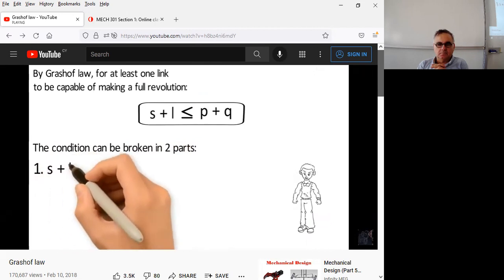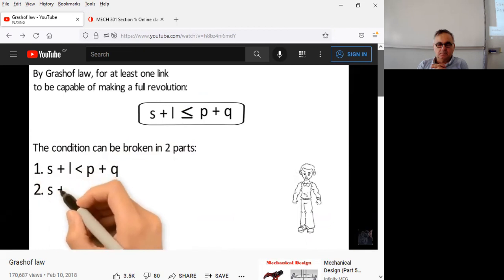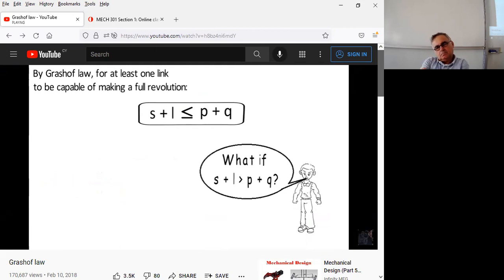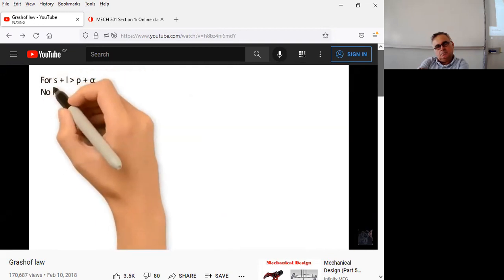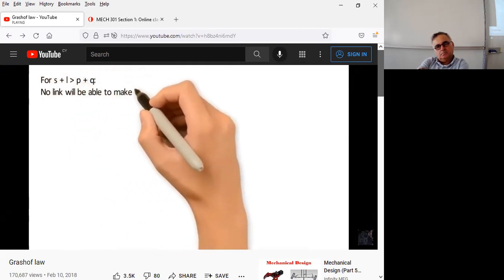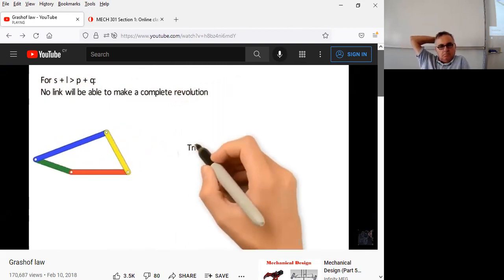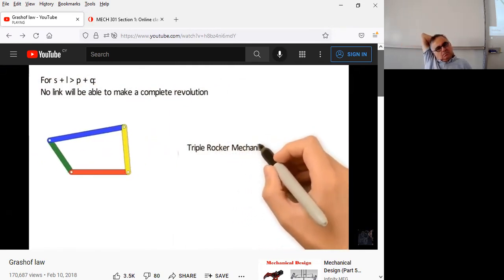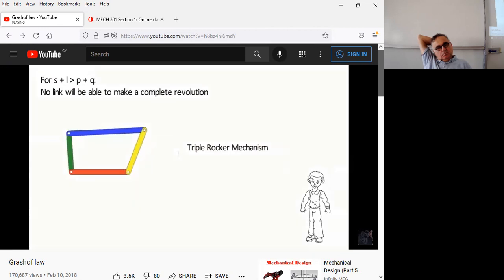First, S plus L is less than P plus Q. Second, S plus L equals P plus Q. Exactly. What if the sum of shortest and longest link is greater than the sum of the other two links? For S plus L greater than P plus Q, no link will be able to make a complete revolution. The mechanism so obtained is known as triple rocker mechanism. Yeah, all the three links other than the fixed link are rockers.